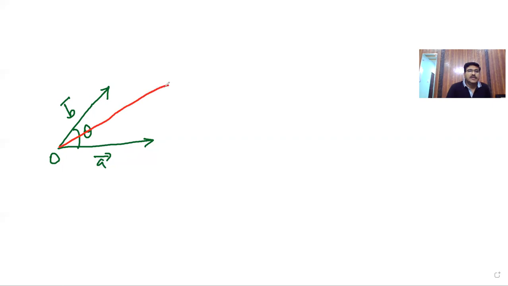This is the resultant F, and it is making an angle alpha with respect to the x-axis. Clear? Now, to find out this resultant, I am making use of the parallelogram law.